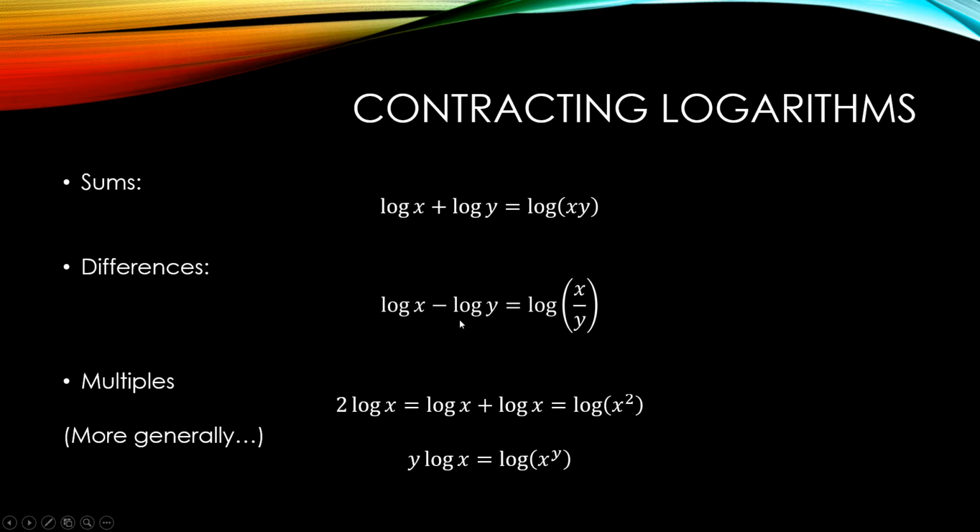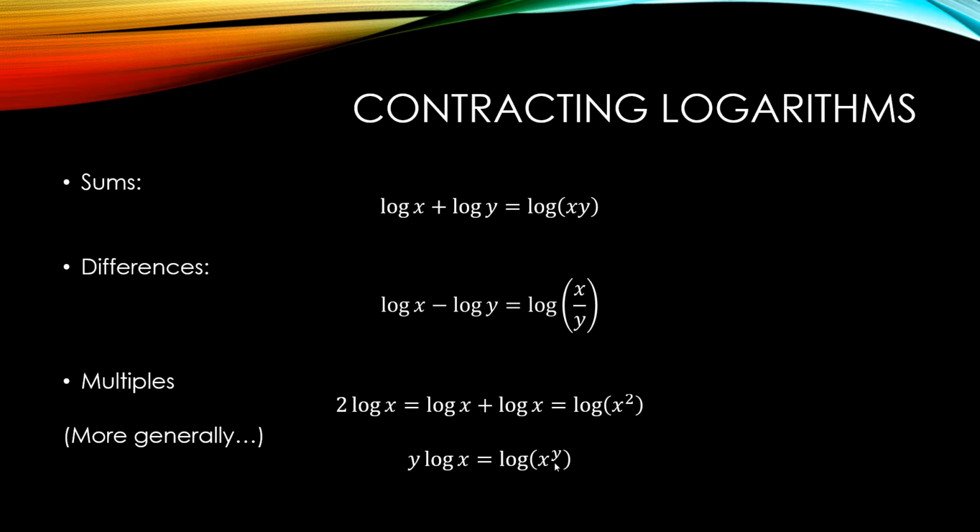If you've got a difference of two logarithms, you can write that as a single quotient. Not log over log, but rather the log of a quotient. And if you've got multiples, something being multiplied to the logarithm, you can bring that in as an exponent.